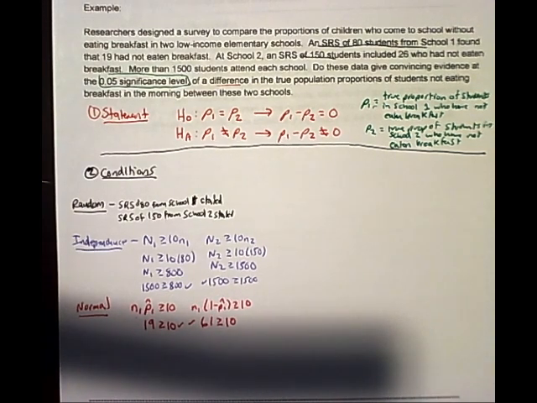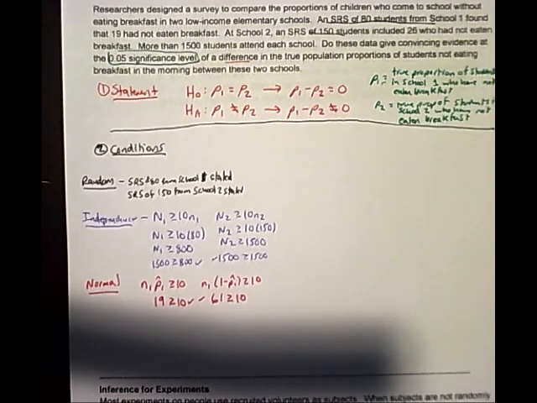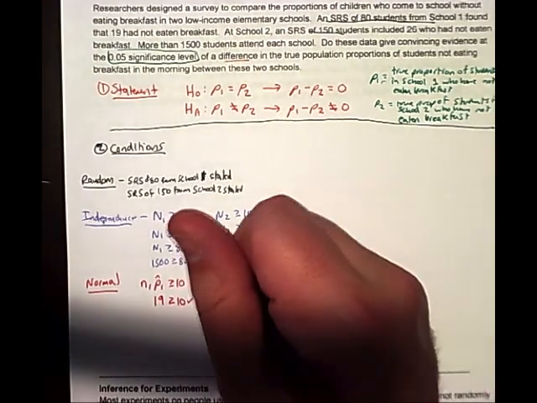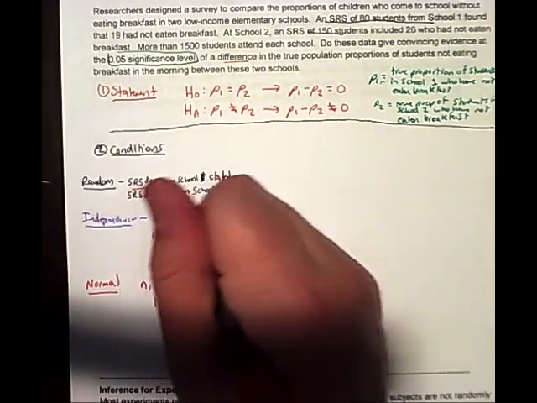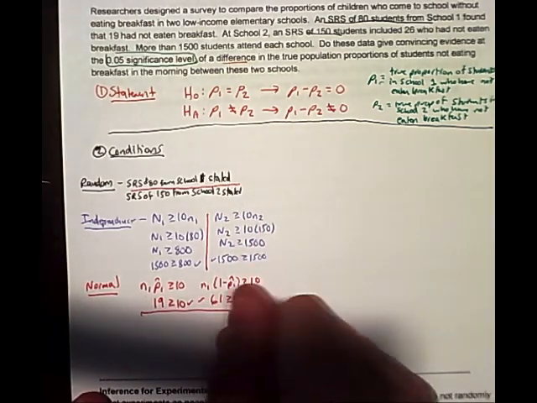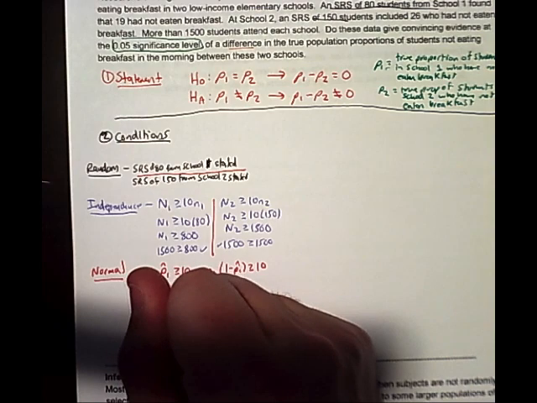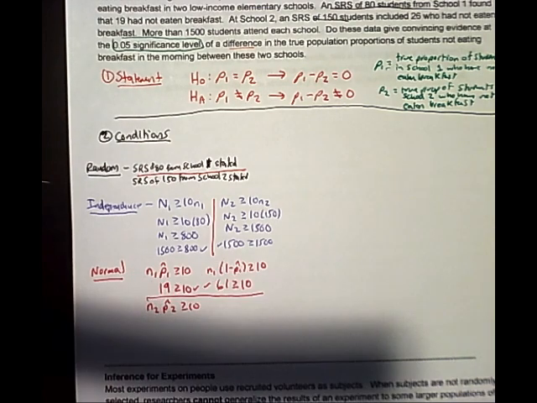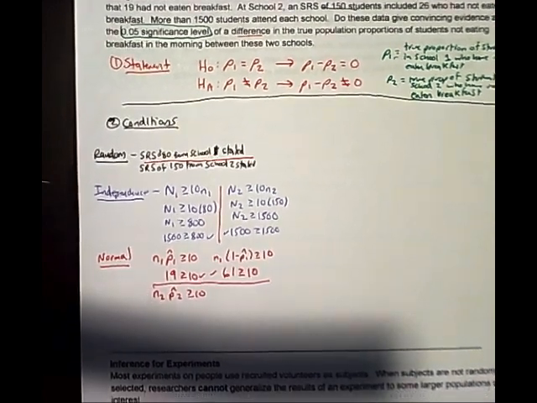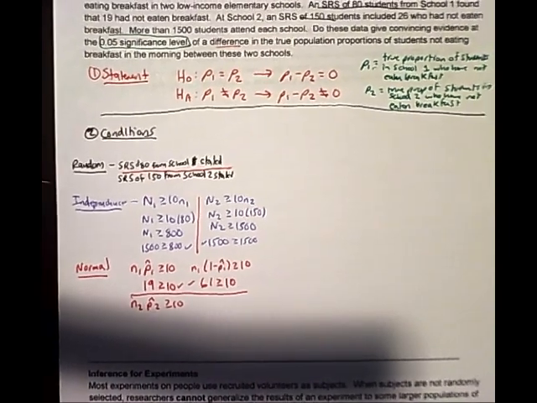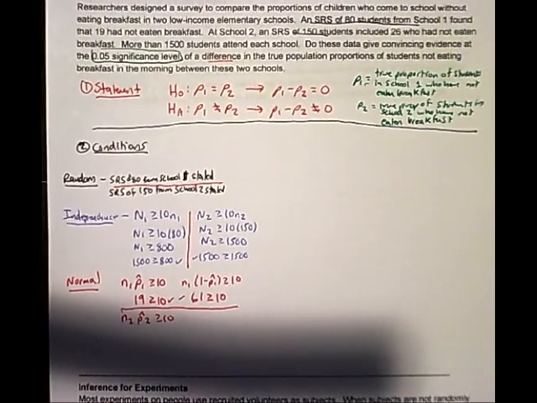And we should check out the n2 information, sample 2. That's going to be the number of kids who did not eat breakfast from School 2.